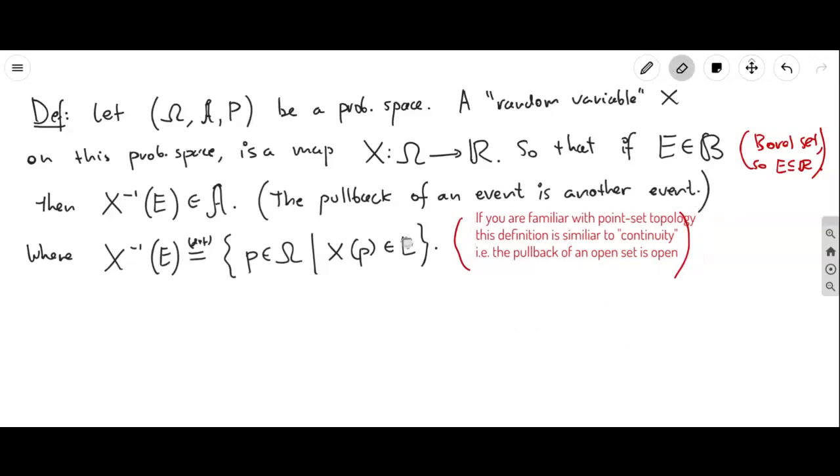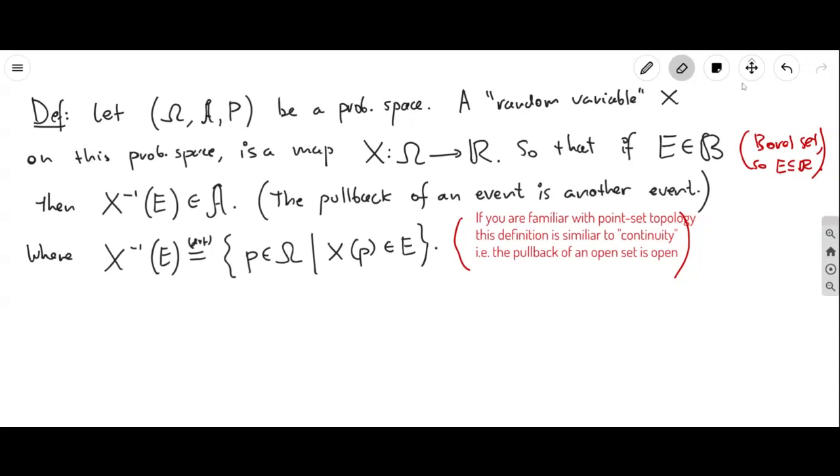Except here we're not talking about open sets, we're talking about events, which are those things that belong to your sigma algebra. So it plays the role of continuity as in topology. If you do not know what I'm talking about, that's not a big deal, you can just ignore that. So this is the definition of a random variable.